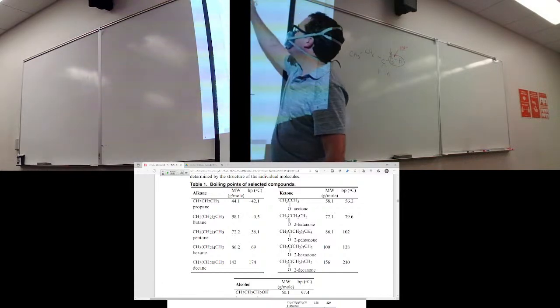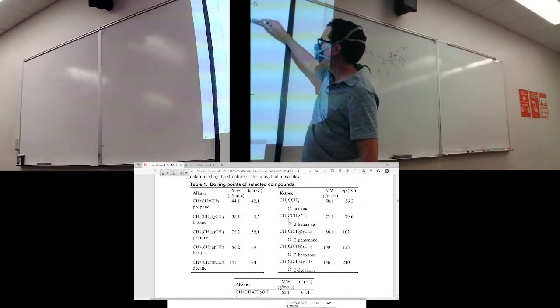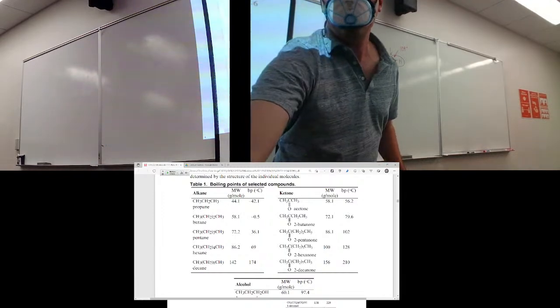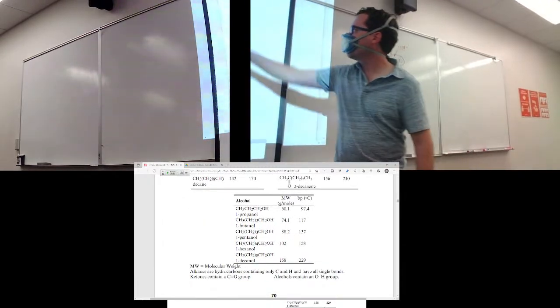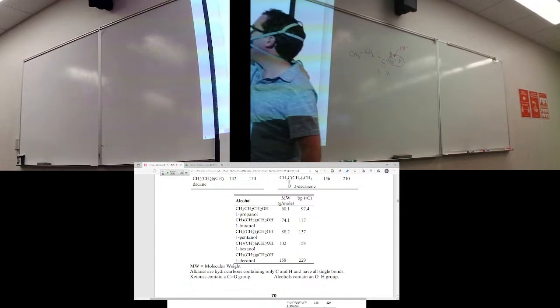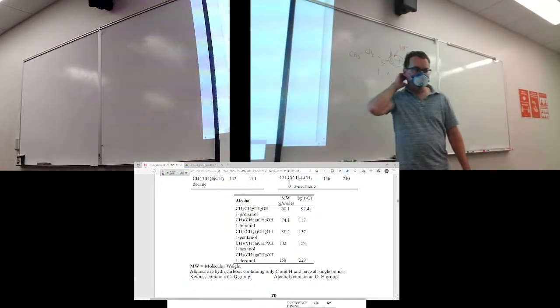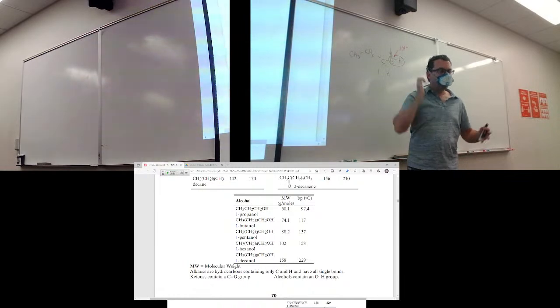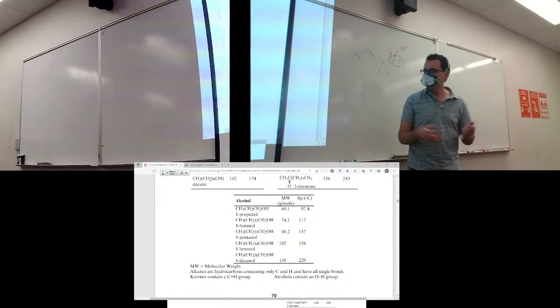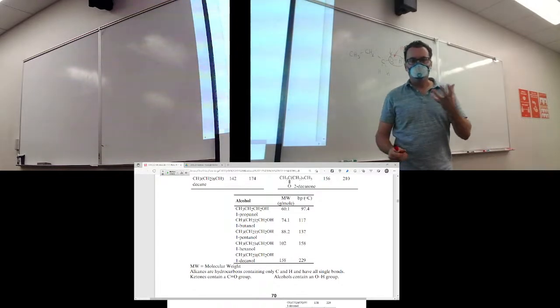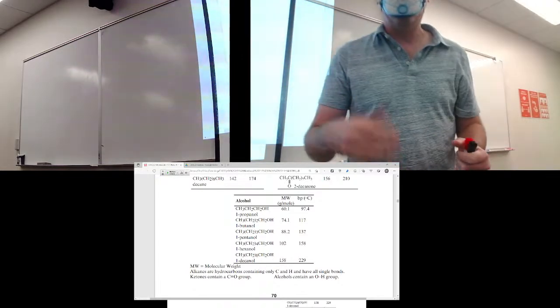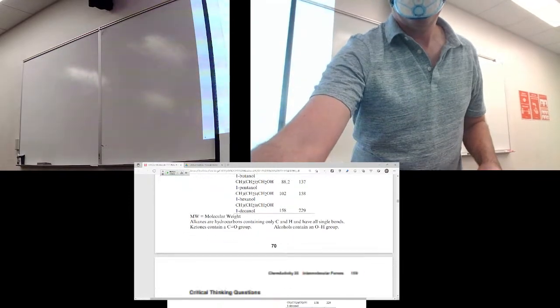As you increase the molecular weight of ketones, the boiling point increases. As you increase the molecular weight of alcohols, the boiling point increases. So if boiling point is related to the intermolecular forces, which it is, then as your molecular weight increases, your intermolecular forces increase. Okay?